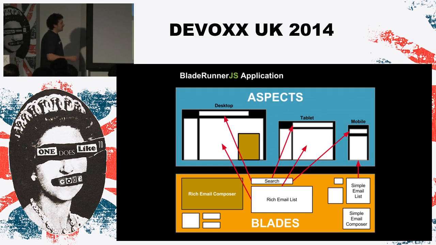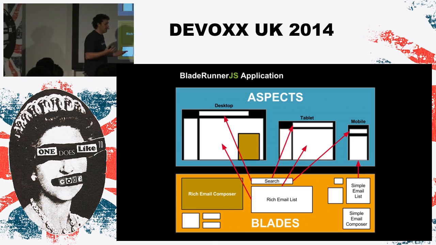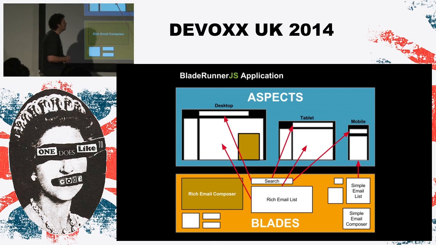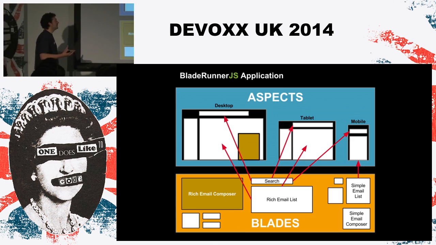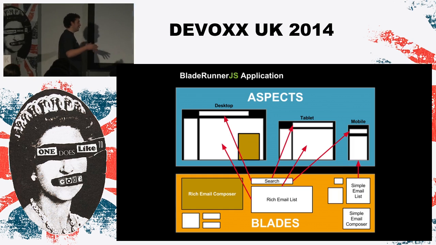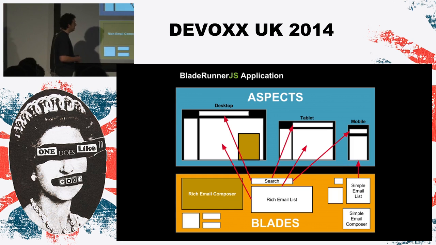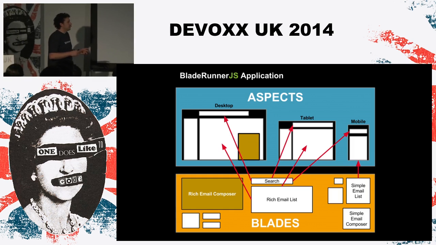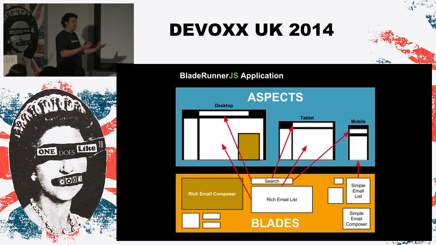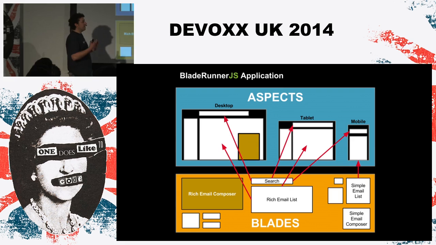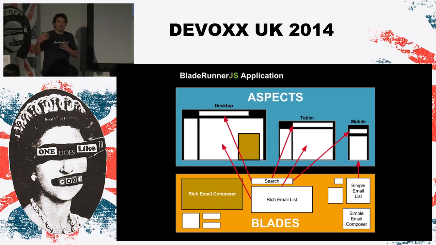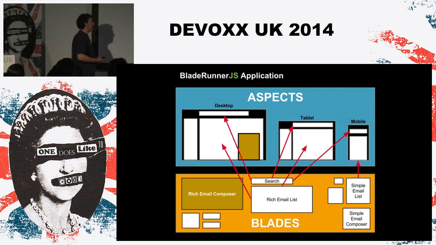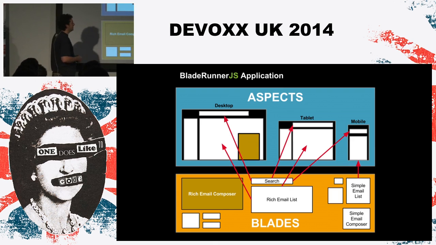We have this idea of aspects. As somebody comes to load your application, you might do a bit of browser sniffing, which is probably naughty, and go, well, this is a desktop browser with a high resolution. But I'm not going to serve all the rich features to mobile, because it's not viable to do things like inline images in the compose view on mobile, and it's more intensive for the device.